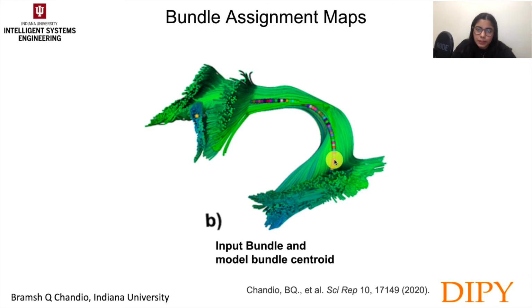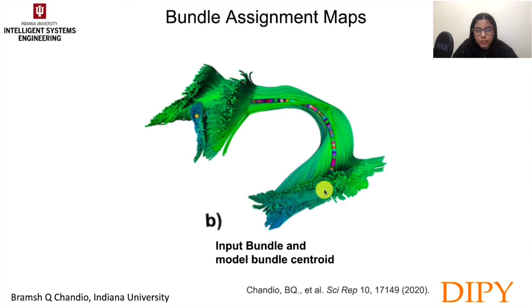In this example, this centroid, which is a streamline, has 100 points, and each point is visualized with a random different color. What we do is calculate the distance from each point on every streamline to all the centroid points. So if this point starts from here, it will be close to some centroid, maybe the first centroid.